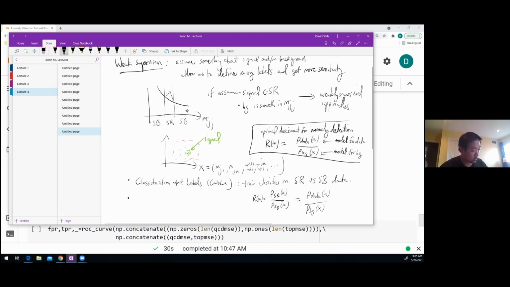So this is equal to the desired likelihood ratio if X is independent of MJJ for the background. That's an assumption about these features that has to be satisfied in the standard model background in order for this koala method to work. But if that's satisfied, this method is very simple to implement. All I have to do is train a classifier on these two subsets of the data, and then it will go and find this signal if it's working.